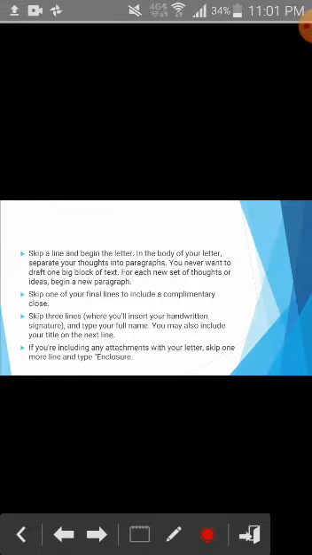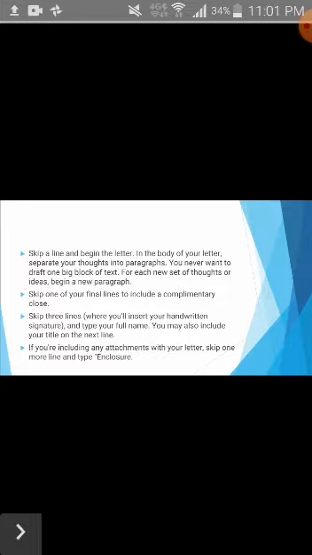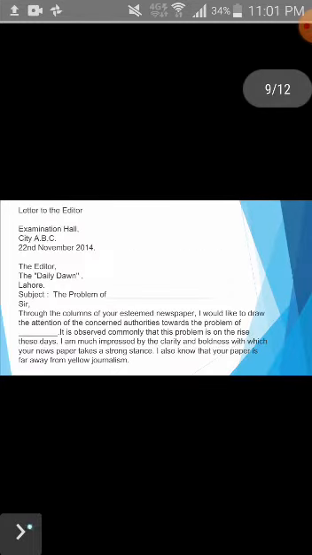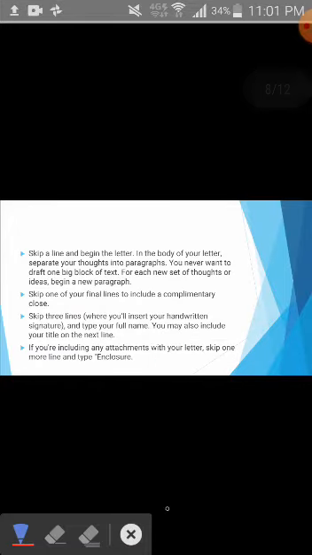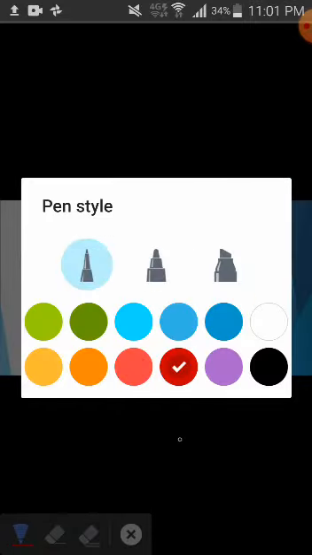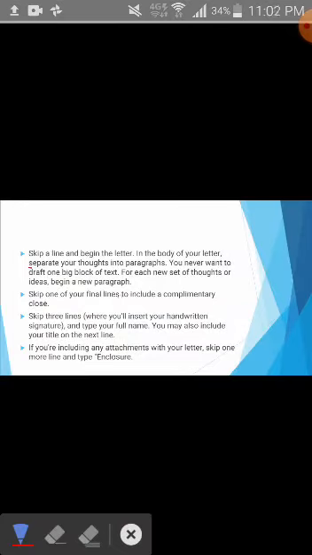In the body of your letter you have to separate your thoughts. Now girls, keep it in your mind that you have to separate your thoughts in the paragraphs. Now this is something important that you people normally mix up and confuse.